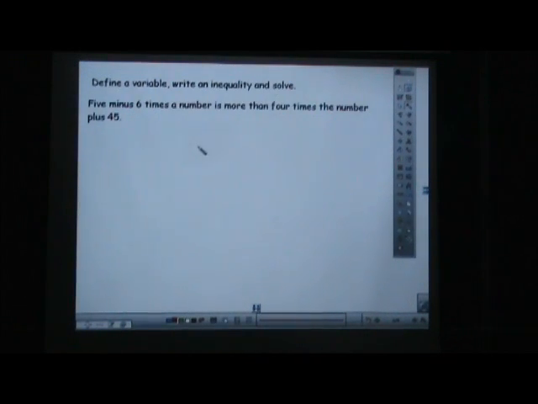Alright, going on. This time we're going to do some problems where we're going to define a variable, write an inequality, and solve. So first it says 5 minus 6 times the number is more than 4 times the number plus 45. So if we do 5 minus 6 times the number, that's the first translation, but I'm going to need a variable, so that's where I'm going to define the variable. I'm going to use x this time to represent the number.